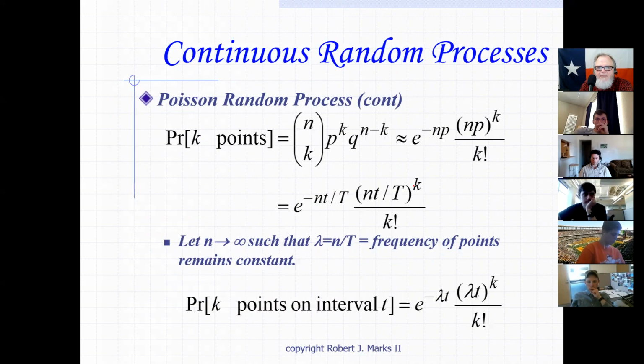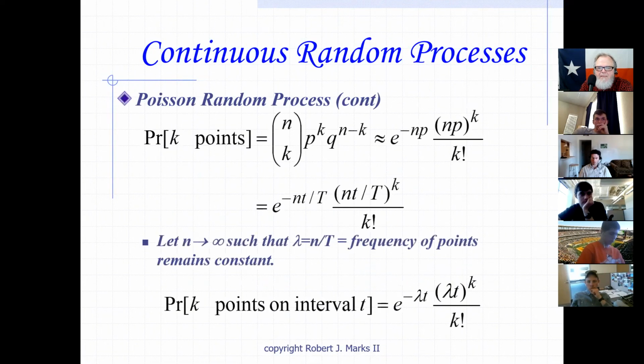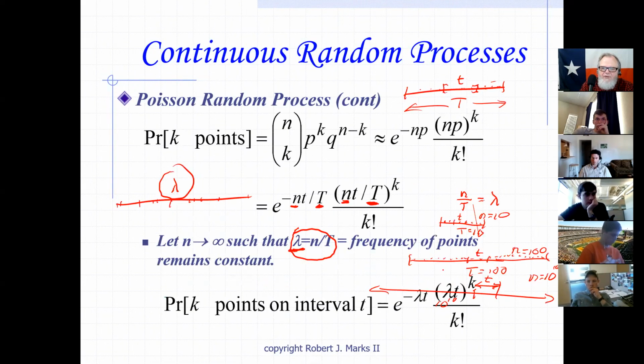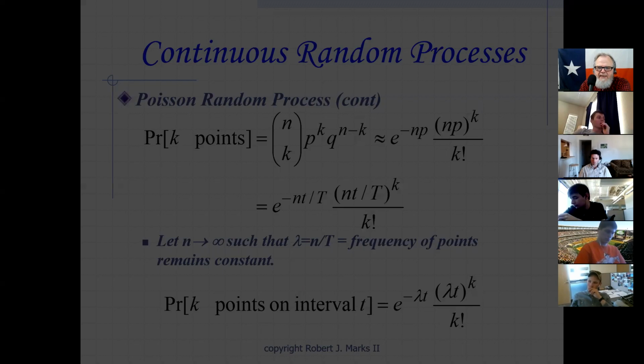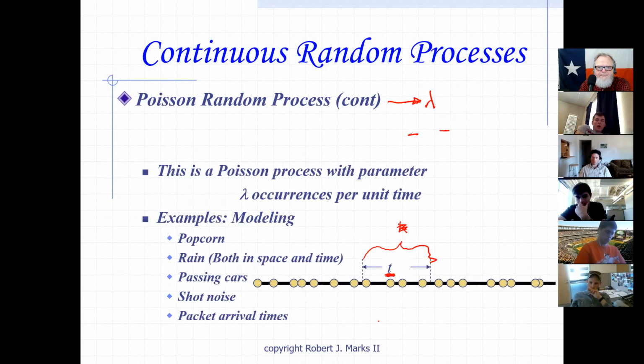And this comes from the previous slide. I'm sorry it's obfuscated here, but you can see that it's lambda t and this lambda t. And so if we have a time interval, we can find out the probability of generating k occurrences over that time period under the assumption that we have a constant sort of process.